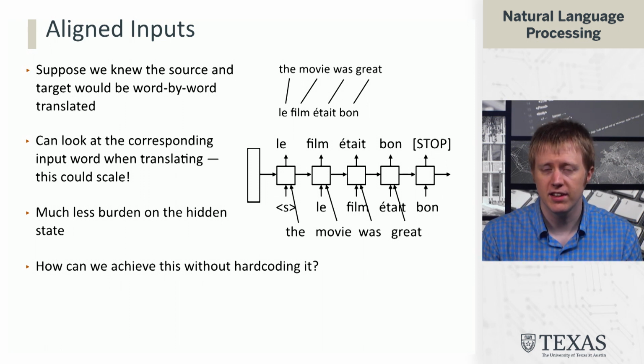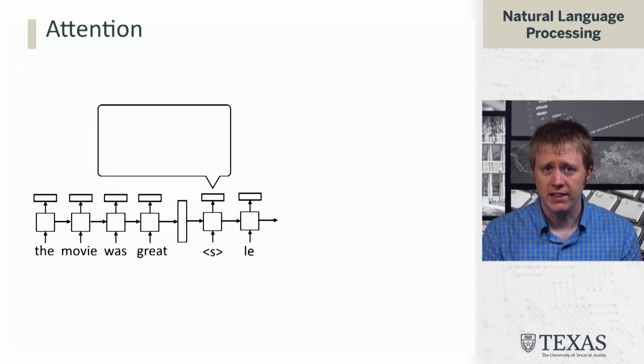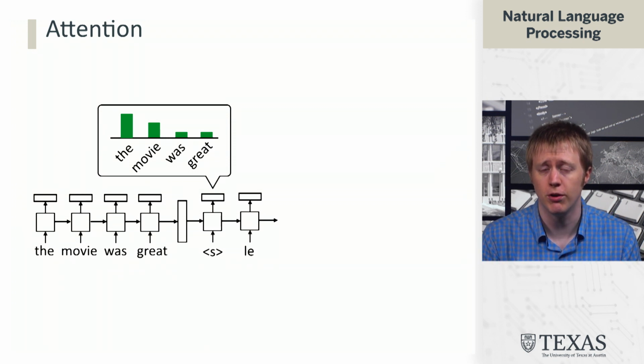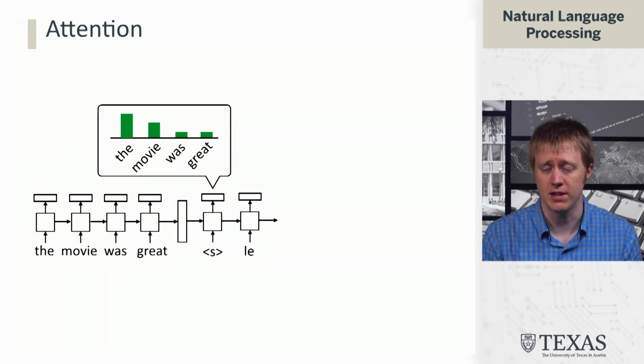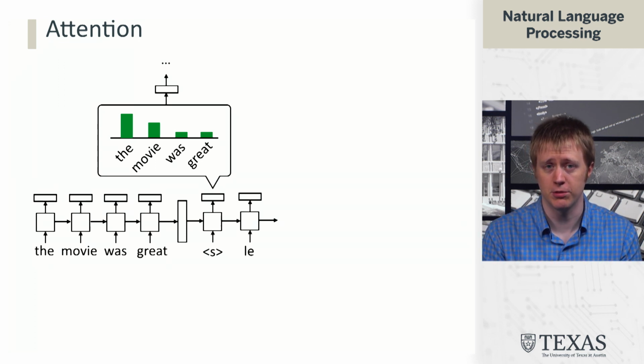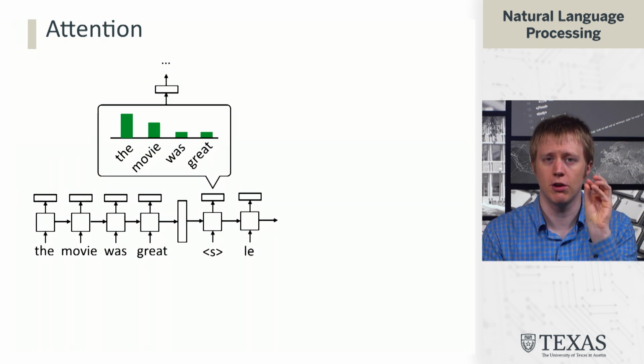On the other hand, this aligned inputs assumption is a little too strong. So we'd like to be able to do this, but not encode it in some super rigid fashion. And so that's going to be the idea of attention, where at each step in the decoder, we are going to predict a distribution over positions in the source sequence, or the encoder sequence. And then we are going to use that distribution to help predict our output token. And so in this case, for example, the distribution is assigning high weight to a particular location in the input.